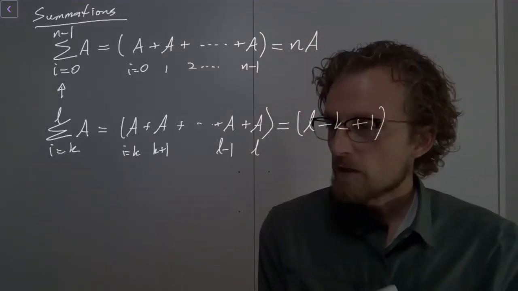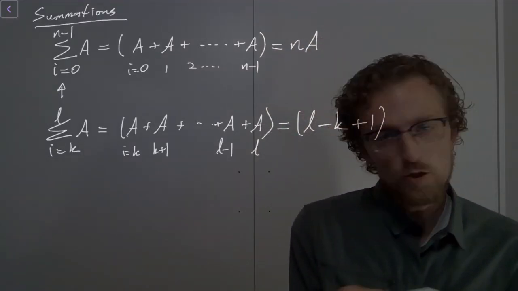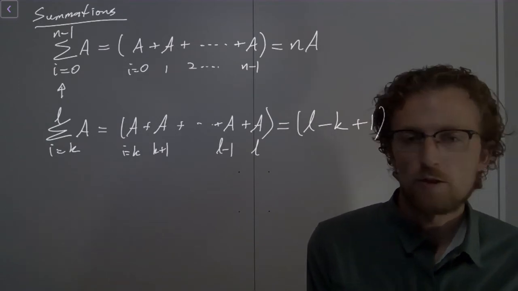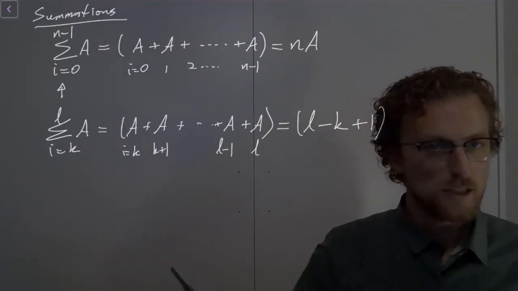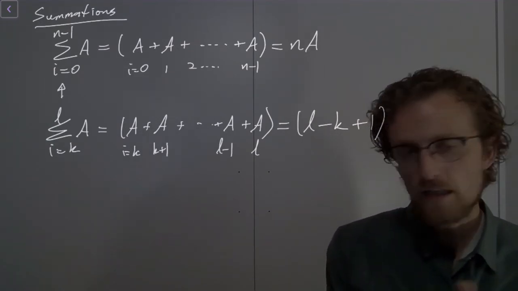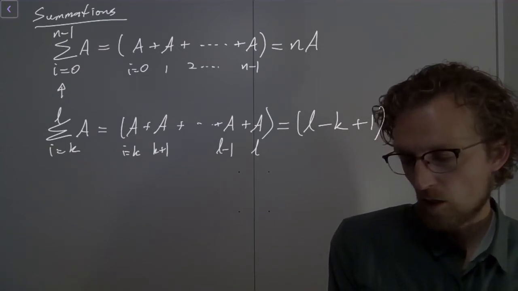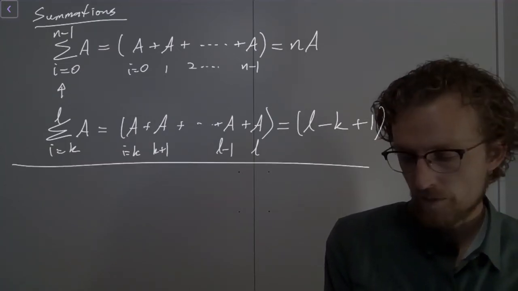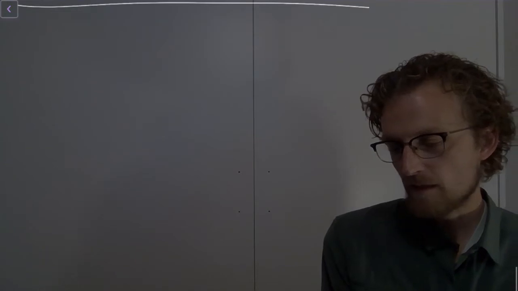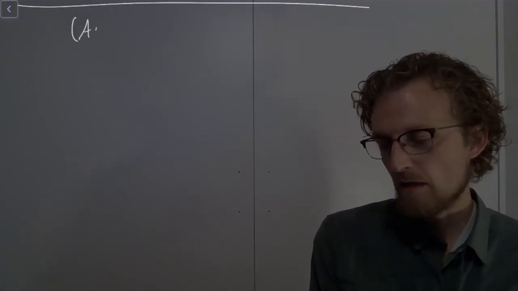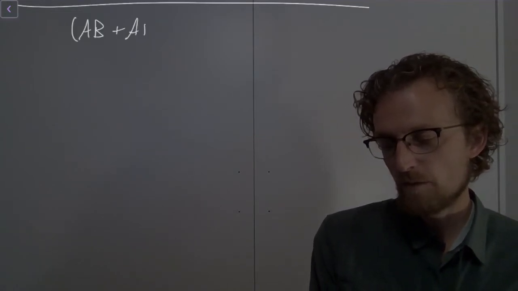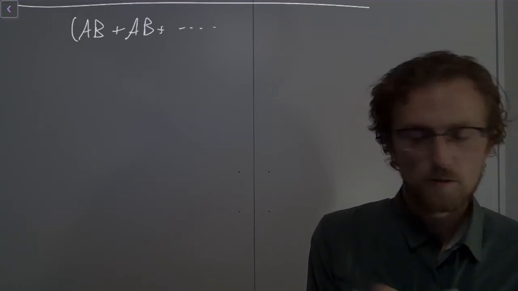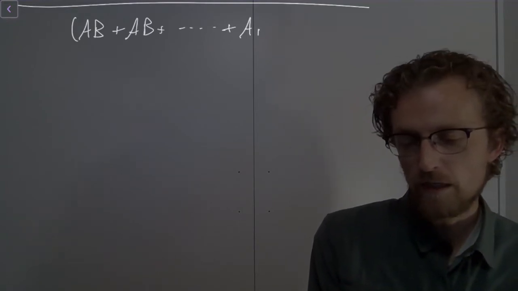Okay, so suppose I have something like this. I can treat this like any other sum. So I can do all kinds of factoring. I can split apart the sum into two different indices. I can do whatever I want. So what's a fact about sums? Well, suppose I had a times b plus a times b plus a times b all the way up to plus a times b.